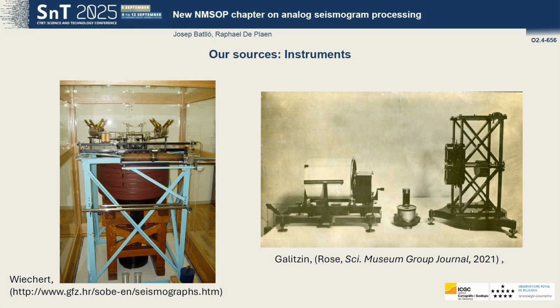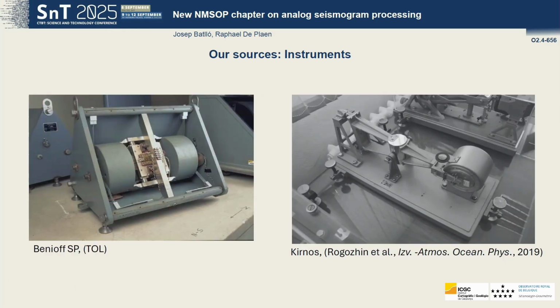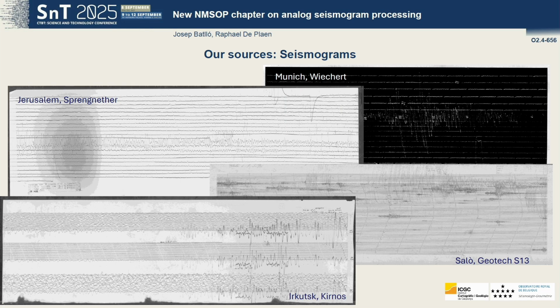We started, let's say, in the 40s. I'm not going into the origins of seismology, but in the 40s these were still the main instruments: the Galitzin, the photographic, and the Wiechert. Later we have the Benioff, the WWSSN, and the Kirnos instruments on the Soviet side, which were also performing very good. All this was recorded in analog, like these.